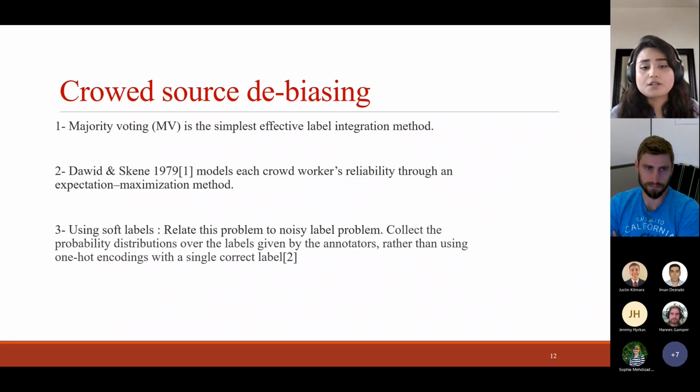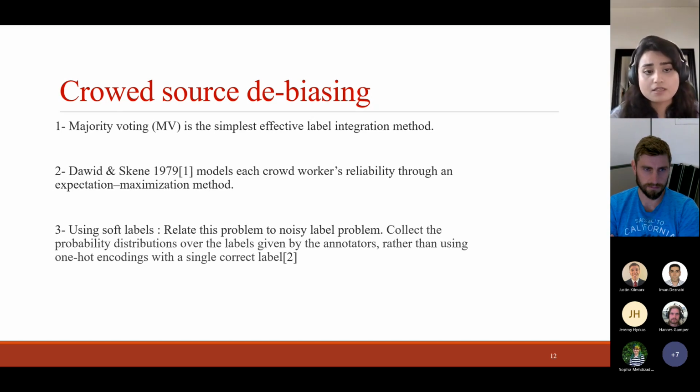So in the literature, the methods that target crowdsourced debiasing fall into three different types. The first method, which is mostly related to classification, is majority voting, in which they simply take the majority of votes, and they showed that this simple but effective method can reduce the bias.